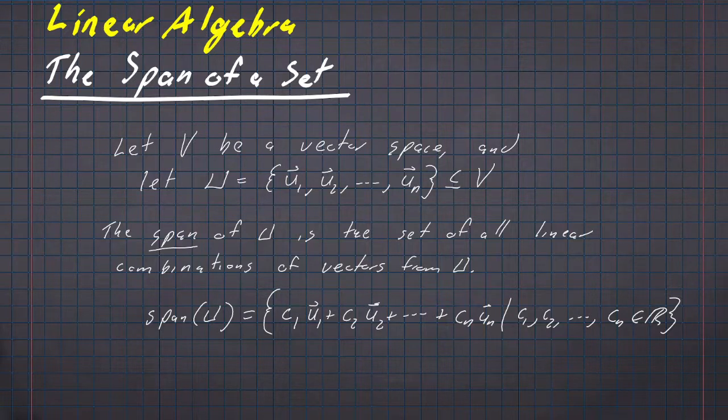And again, we're dealing with real vector spaces in this course. So real numbers is the set of scalars for vector space V, and that is important.